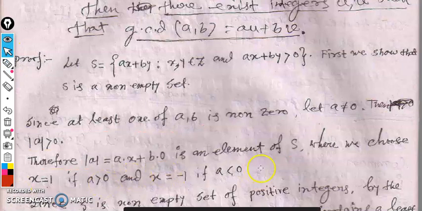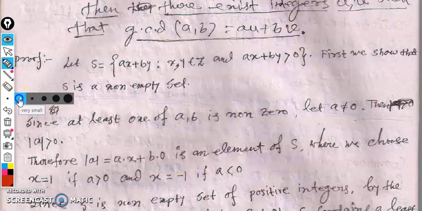Then its value becomes minus 1 into the value of A, which is minus 5, that becomes plus 5, and that is equal to the absolute value mod 5.